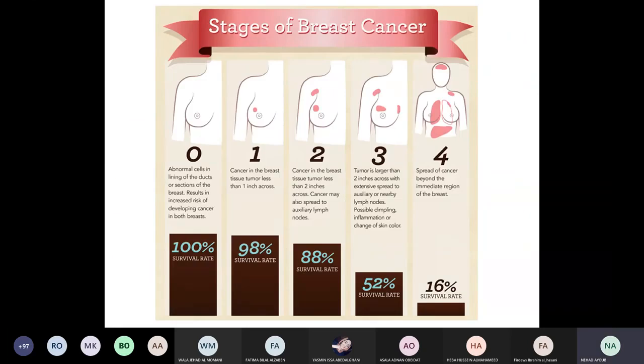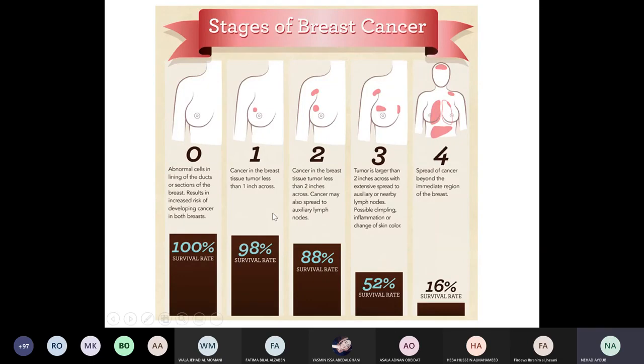Now when we talk about women in the public or community, why did we say that early screening detection is important? Because as we move through the stages from 1 to 4 of invasive disease, since stage 0 means in situ disease, the cure rate is decreasing and the survival rate is decreasing.